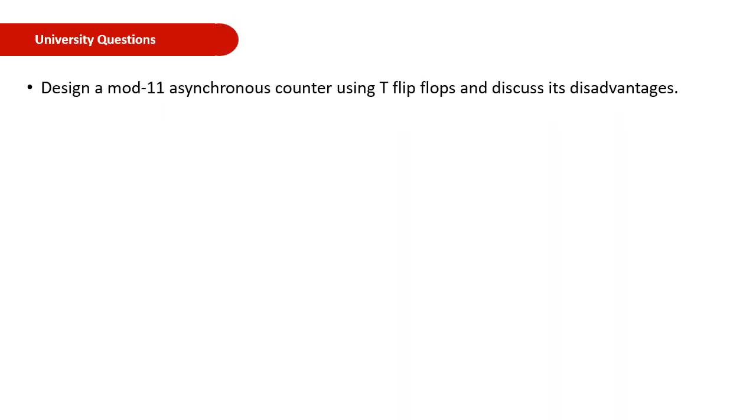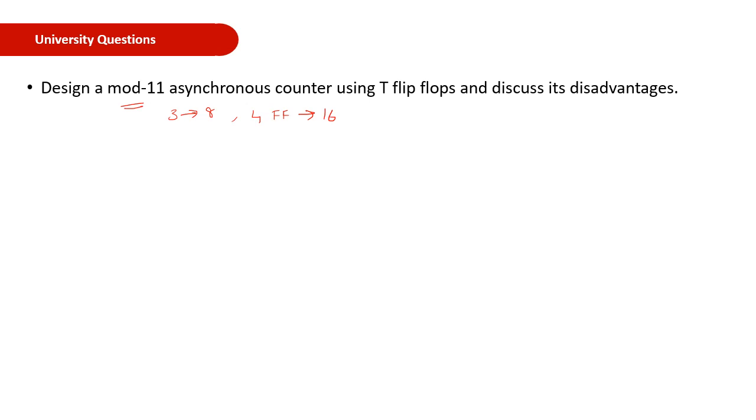Next question is: design a mode 11 asynchronous counter using T flip-flop and discuss its advantages. So here I have to design a mode 11 counter. If you are using 3 flip-flops, you can get only up to 8 states. If you are using 4 flip-flops, you can get up to 16 states.